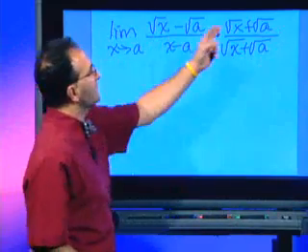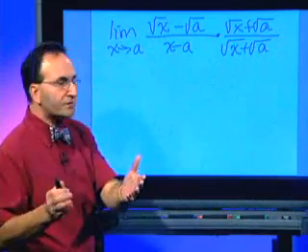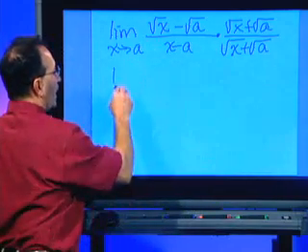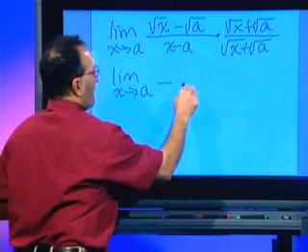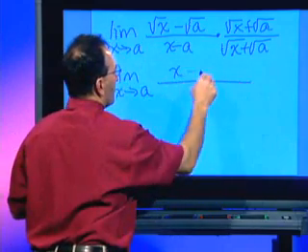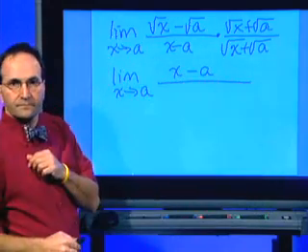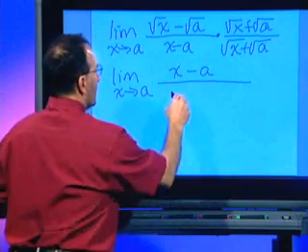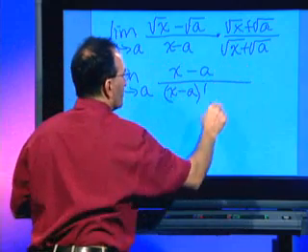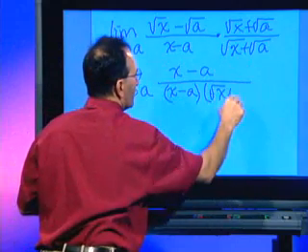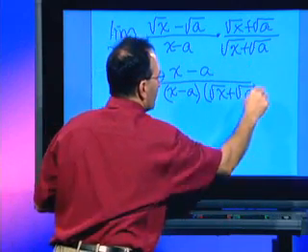Now on the top, you can see that that's the difference of two squares. So on the top we end up with simply x minus a. On the bottom, we have x minus a times the square root of x plus the square root of a.